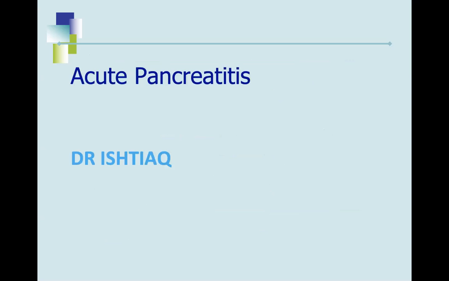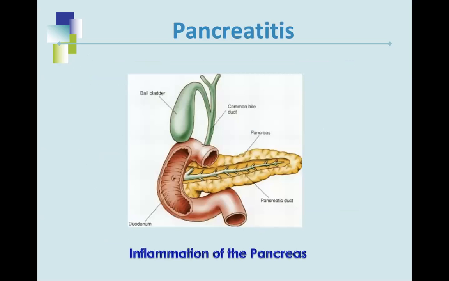So this is a case of acute pancreatitis. Now you all know by just the name of this disease that it is inflammation of the pancreas. Now the pancreas is an endocrine and exocrine glandular structure lying almost at the epigastric region.